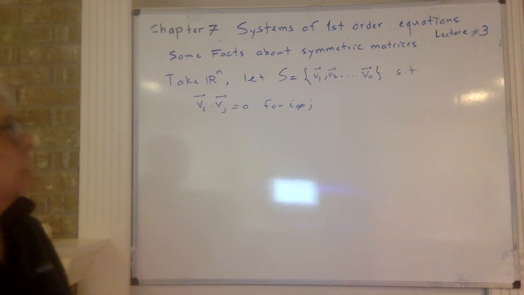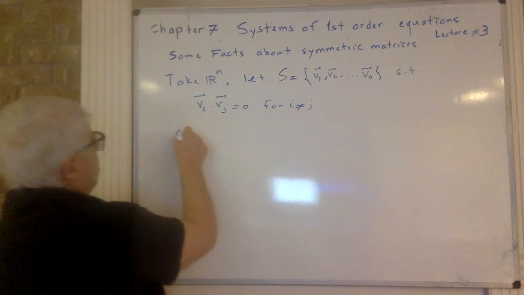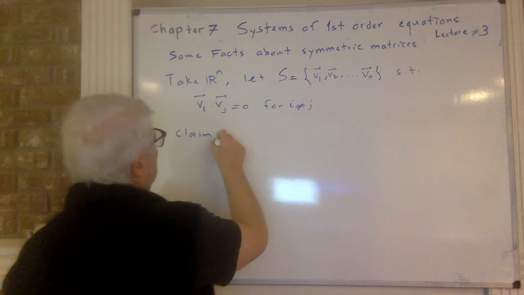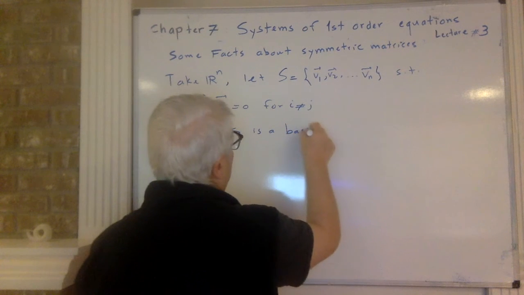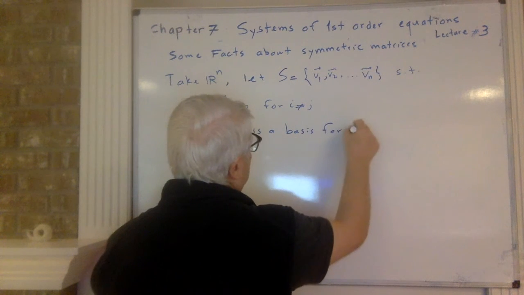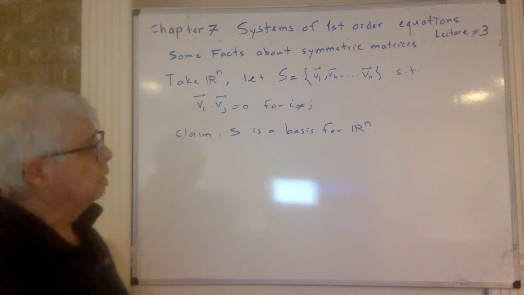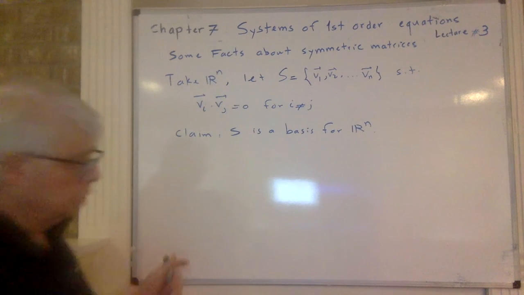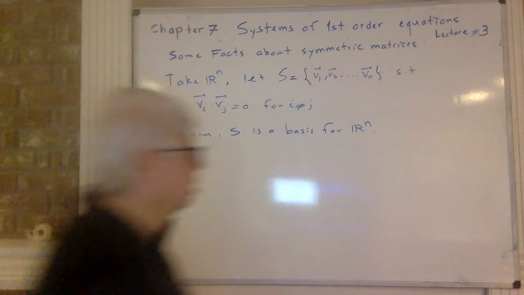Then I claim that S is a basis for Rn. Now, first of all, it has n vectors. So the only thing I have to prove is that they are linearly independent.